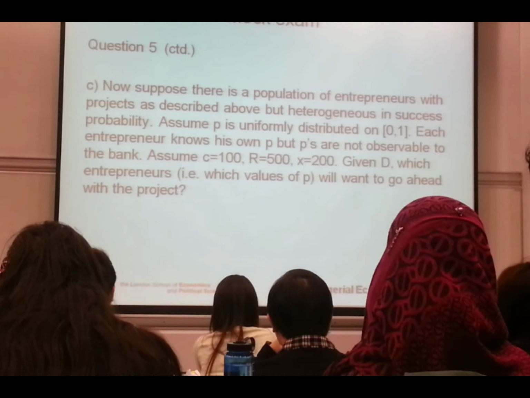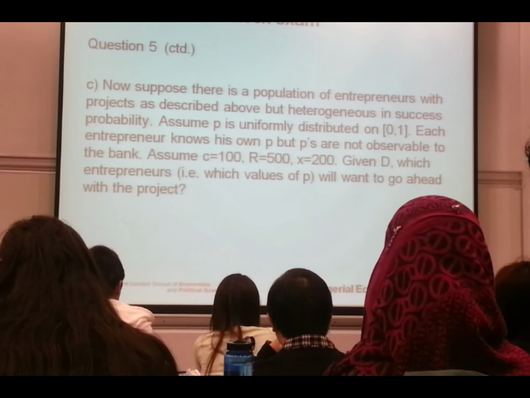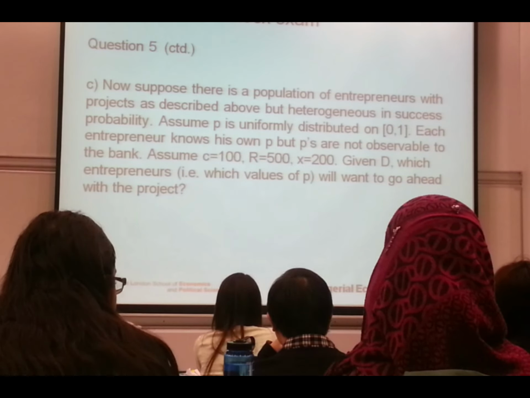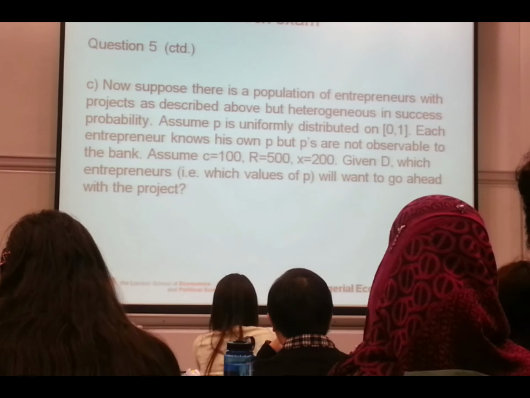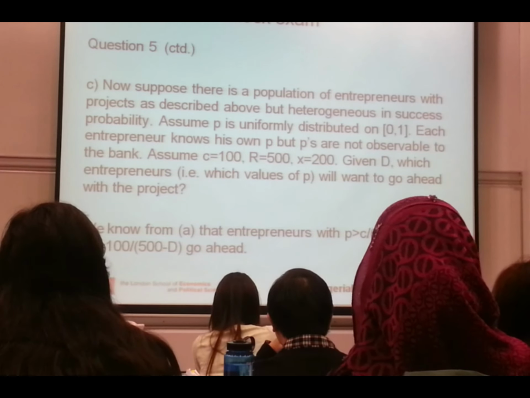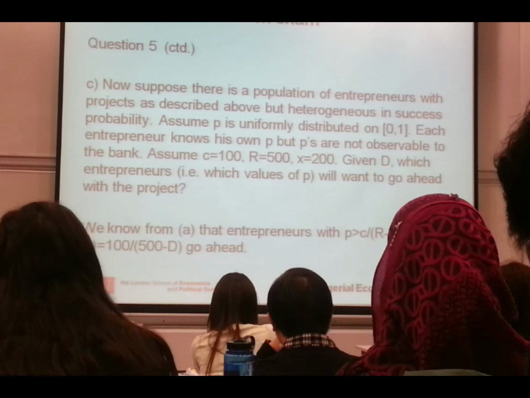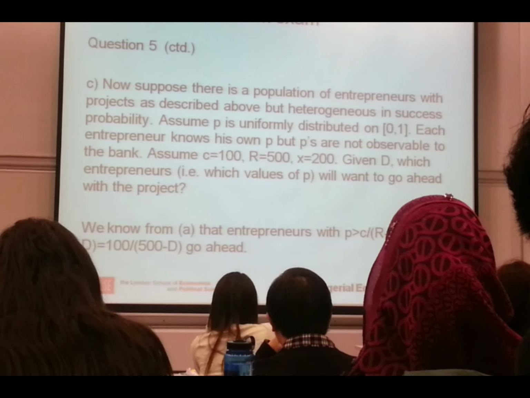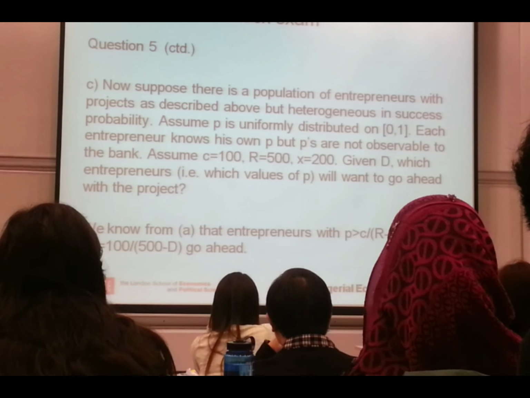Given D, which entrepreneurs, meaning which values of P, will want to go ahead with the project? I'm almost sure that that's a much simpler answer.